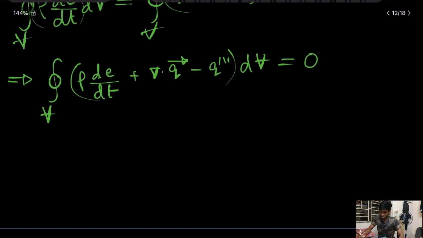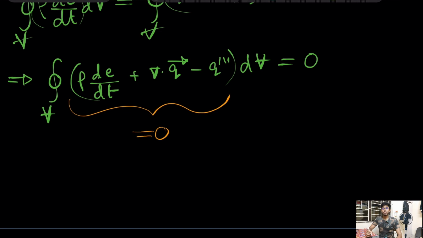Now can I say from this equation directly that this quantity is equal to 0? Just pause the video for a moment, think about that, and comment in the comment box.